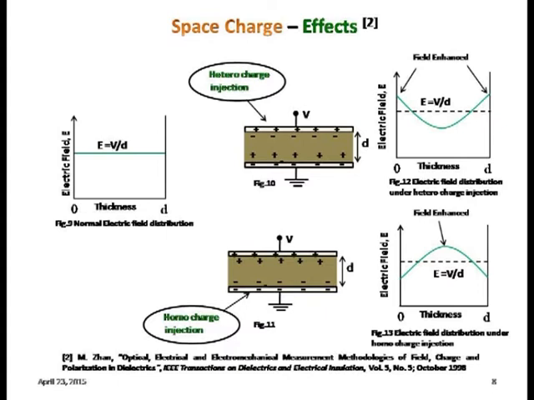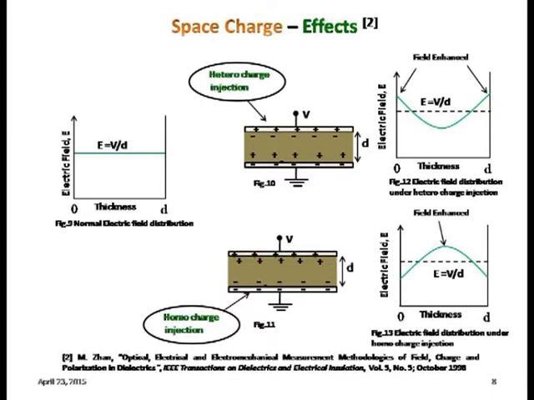So when voltage V is applied, if there are no space charges within the insulation, the electric field is simply equal to V by D, uniform across the insulation, right? But when charges are formed, in this heterocharge injection case, at the edges the electric field is high, but the integral of E dot dr, the area under the electric field, will give you the voltage.